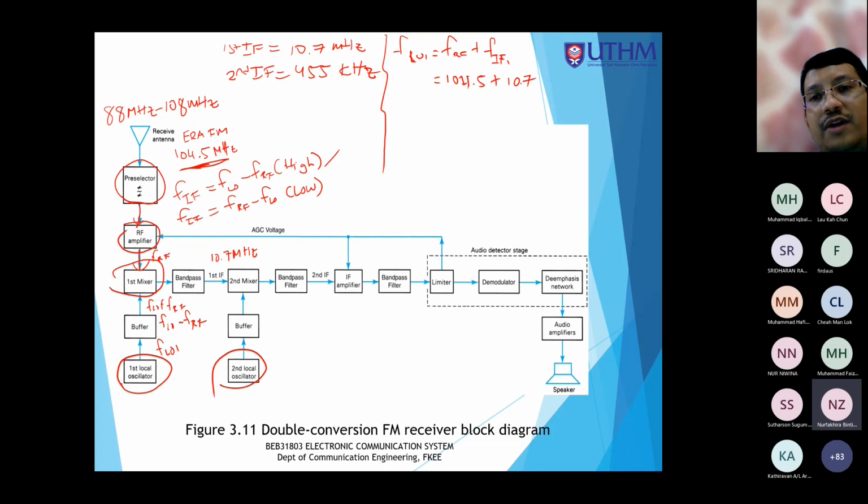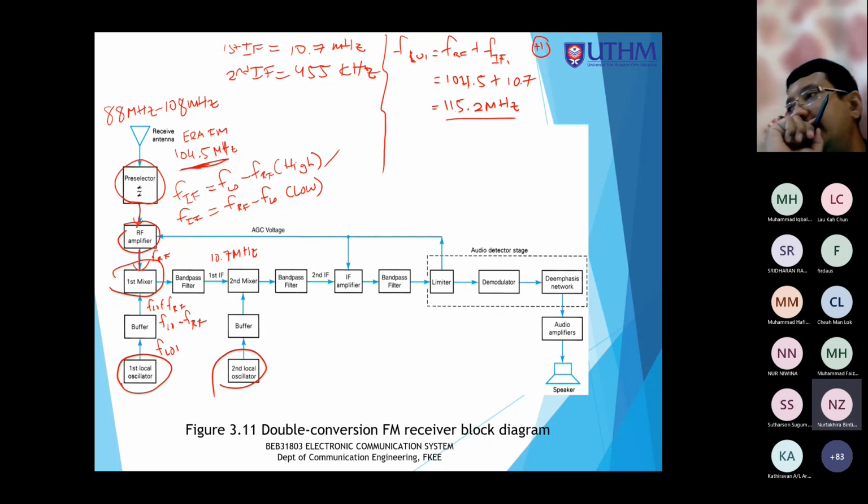Whenever we do the down conversion, we will down convert into this first IF centered at 10.7. So how much is the FLO that I need? The FLO that I need is 115.2 megahertz.